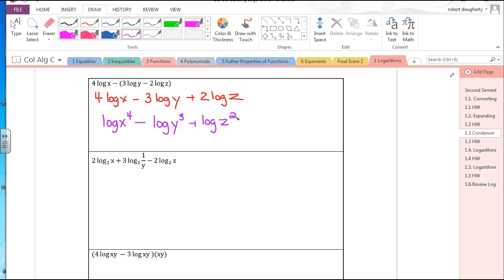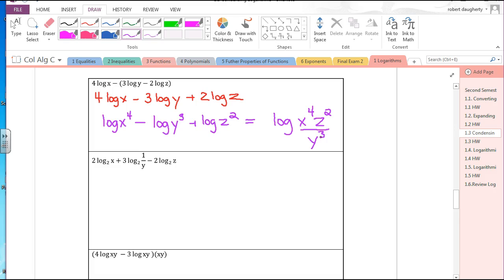When I combine those, the x to the 4th and the z squared will be what? Not divided. Starts with an m. Multiplied. And anytime I see a negative, that means when I combine it, it will be a division. Okay? So when I combine this, this is going to be the log of x to the fourth times z squared divided by y cubed. Okay.